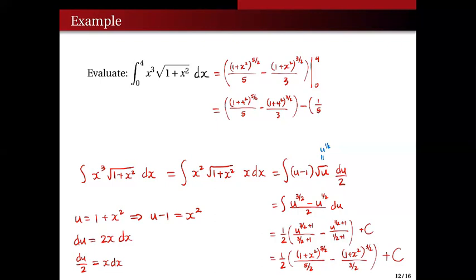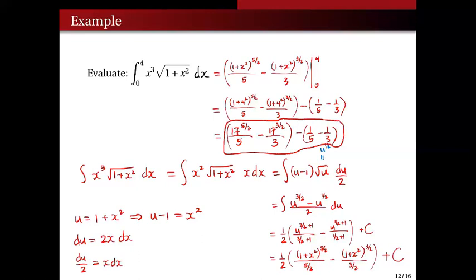So this is just 1 over 5 minus 1 over 3. Then just simplify. 4 squared is 16, so 1 plus 4 squared is 17. So 17 raised to 5 halves over 5 minus 17 raised to 3 halves over 3, quantity minus 1 over 5 minus 1 over 3. You may leave the final answer in this form.